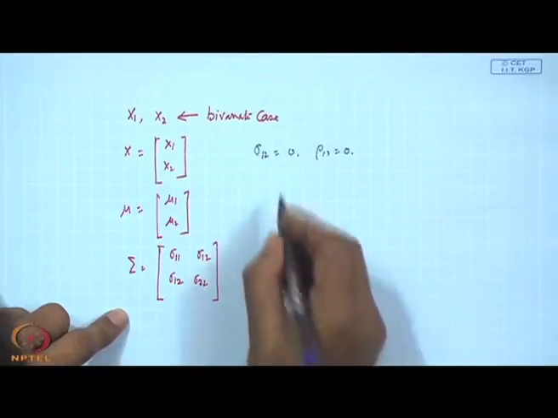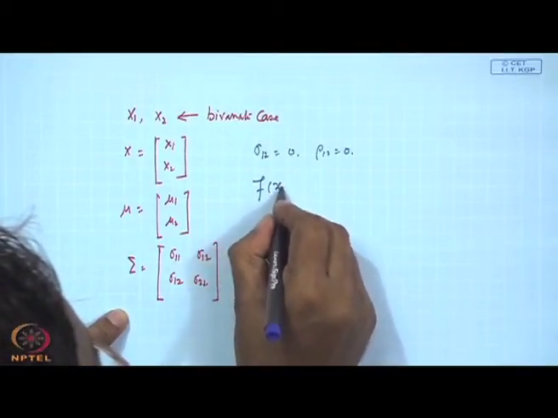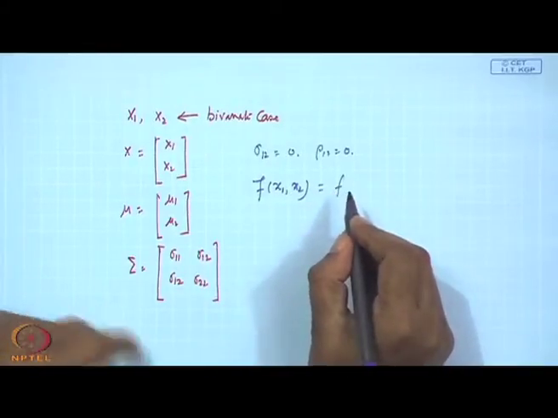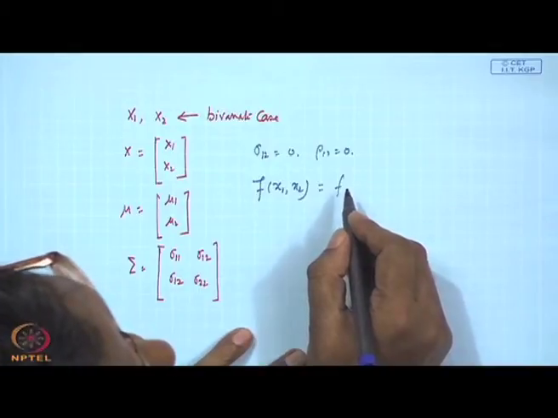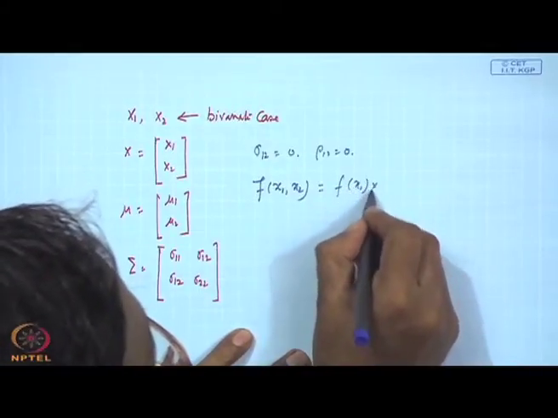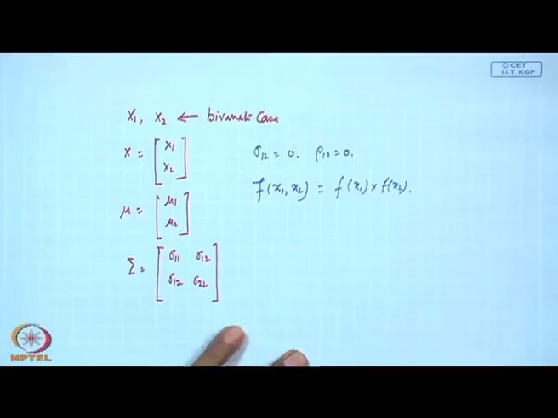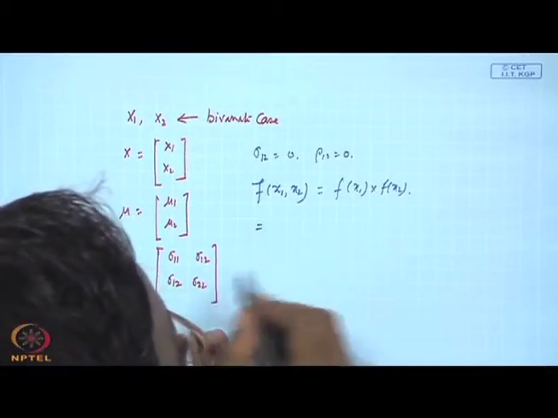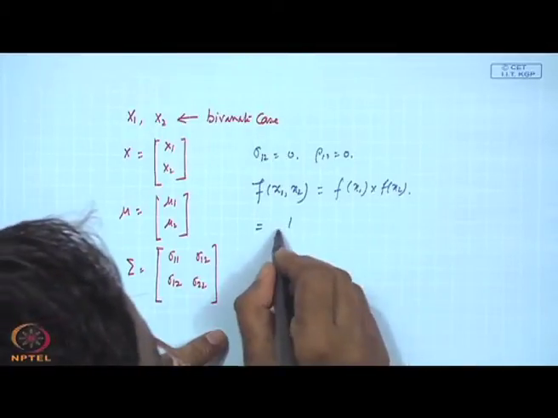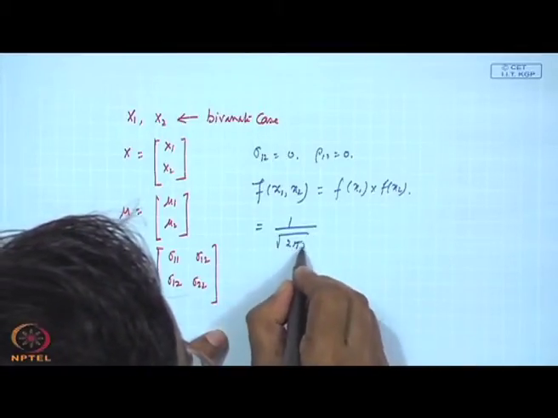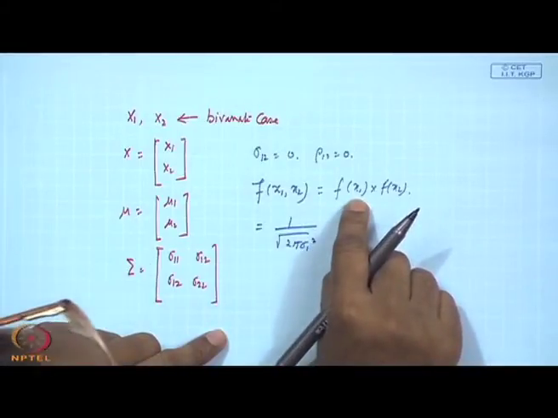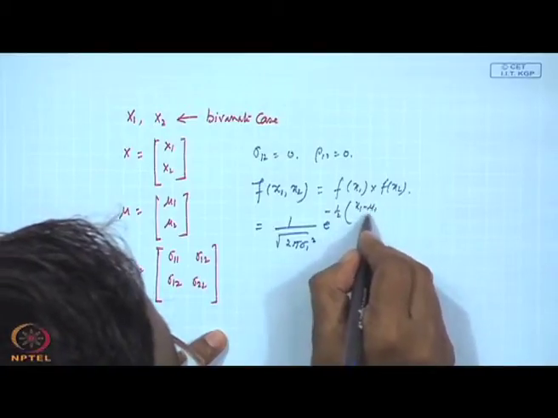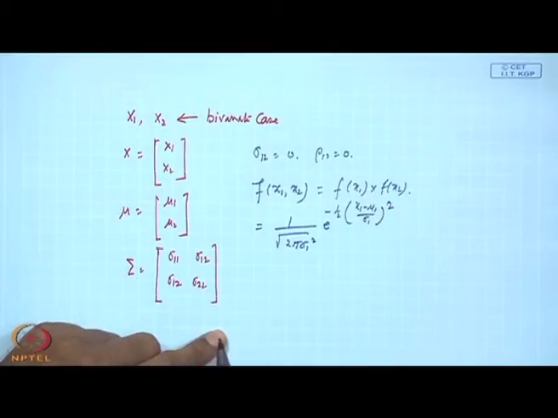If there is no correlation, then what will be the joint density? The joint density of x1 and x2 is the multiplication of the marginal densities of the two. Now, all of us know that f(x1) = 1 by root over 2 pi sigma 1 square, e to the power minus half of x1 minus mu 1 by sigma 1 square.